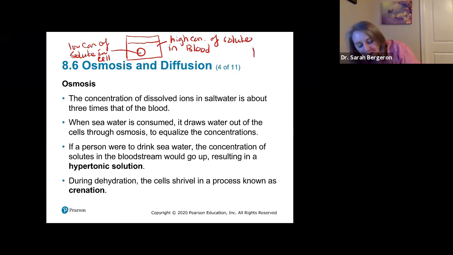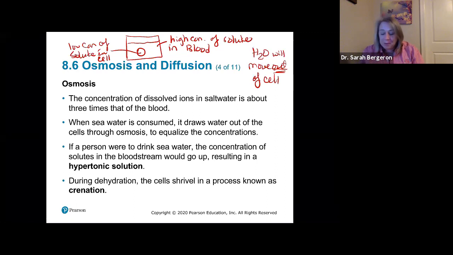Then we know our water will move out of the cell. So this is how I remember, you're going to laugh at this, that this is a hypertonic solution, right? In a hypertonic solution, our water is going to move out of the cell and the cell is going to shrivel. So how do you remember that's hypertonic?